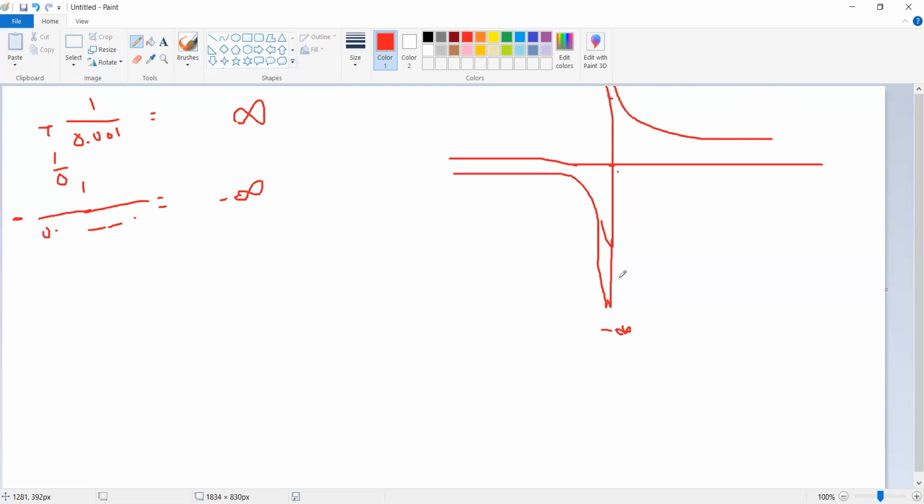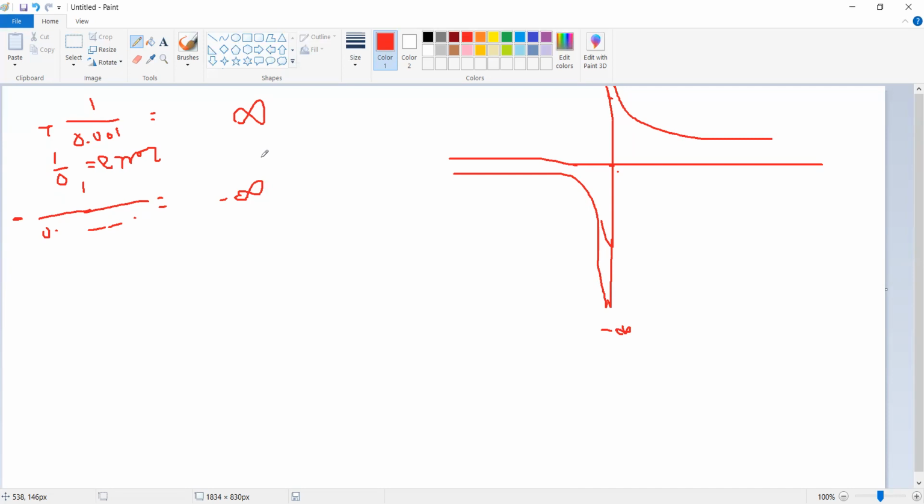That's why we say 1 by 0 is error. 1 by 0 cannot be calculated. It is error. 1 by 0 is not infinity. 1 by a very, very small value is plus infinity. 1 by a negative, very, very small value is minus infinity. But 0 is neither plus infinity nor minus infinity. So 1 by 0 is error.